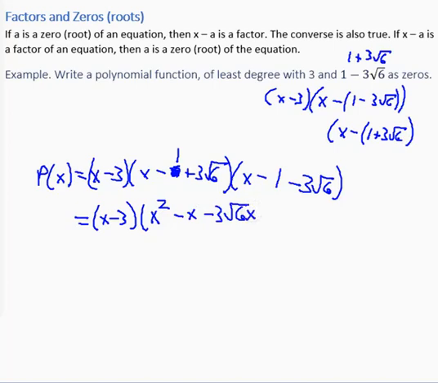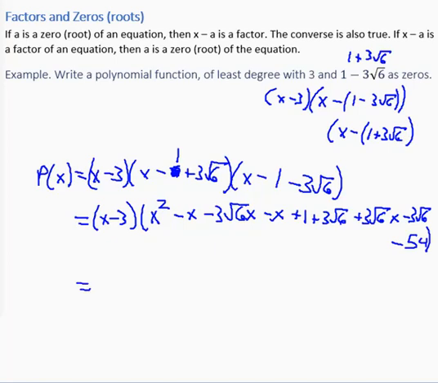Now we distribute the negative 1, so minus x plus 1 plus 3 root 6. And now distributing the 3 root 6, we have plus 3 root 6x minus 3 root 6, and then minus 3 root 6 times 3 root 6, which is 3 times 3 is 9, times 6 is 54.